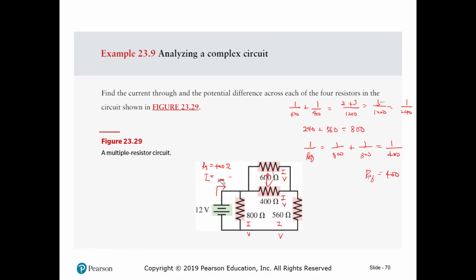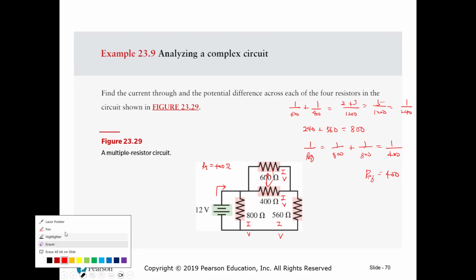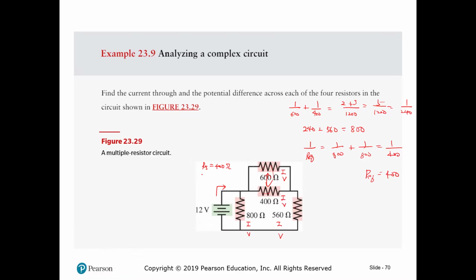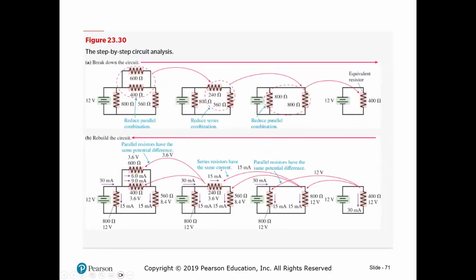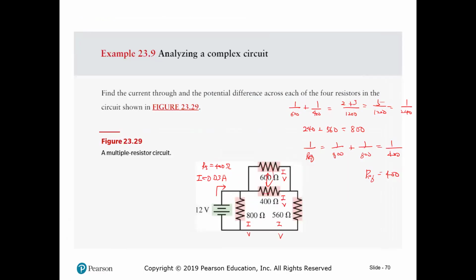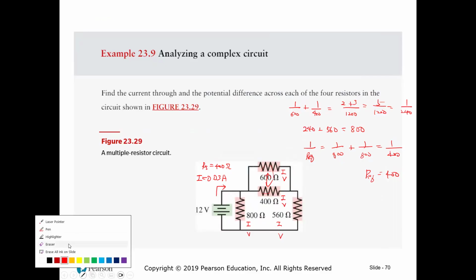Let me rewrite this. My total current I is going to be 0.03 ampere, right? So let me double check it. The total current is 30 milliampere, right? That's correct. So now, what can we do next?